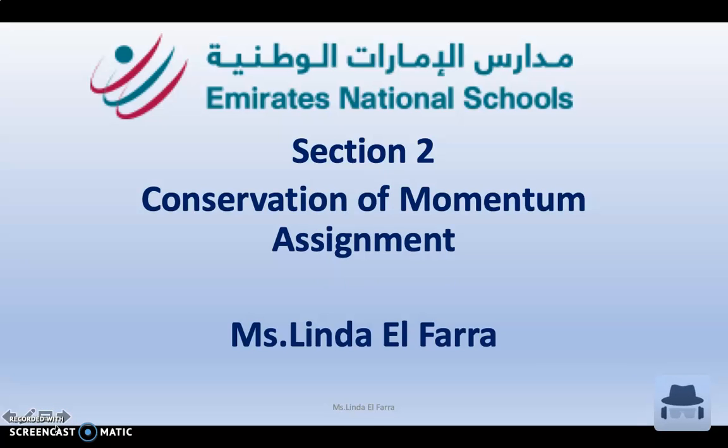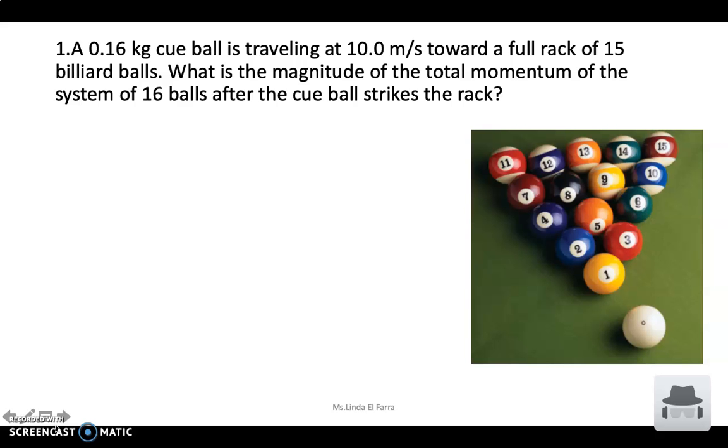Today, inshallah, we are going to solve the conservation of momentum assignment. So let's start with the first question. I have a 0.16 kilogram cue ball. The cue ball is traveling at 10 meters per second toward a full rack of 15 billiard balls.